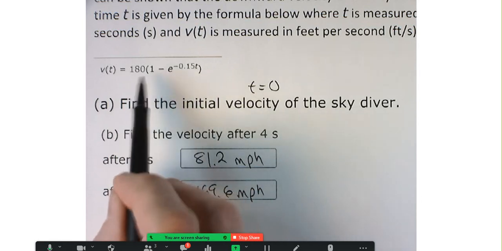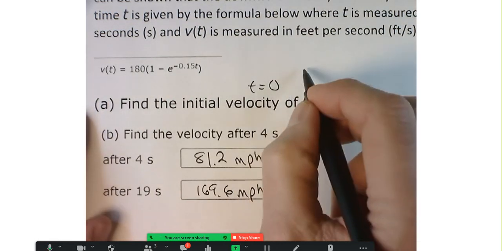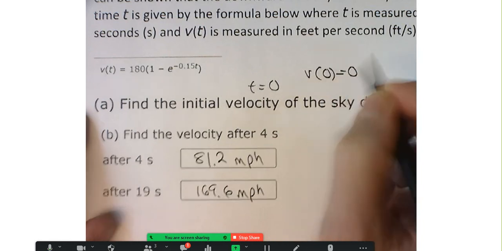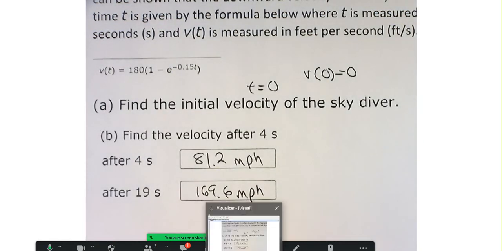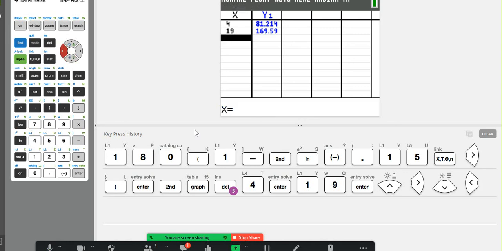All right. So yeah, 0 times 180, v of 0 should be 0. Now we can check it on our calculator, but does that make sense? 0? Well, yeah. If you haven't started falling yet, then your velocity should be 0. So v of 0 is 0.